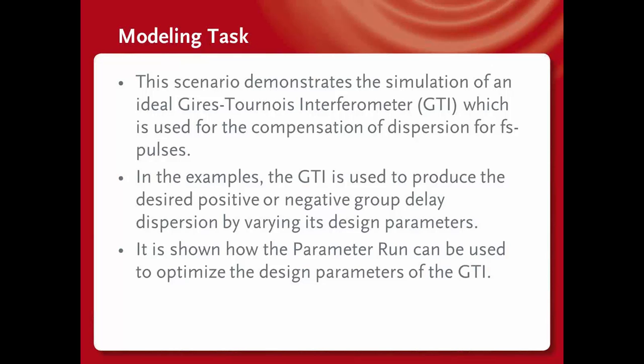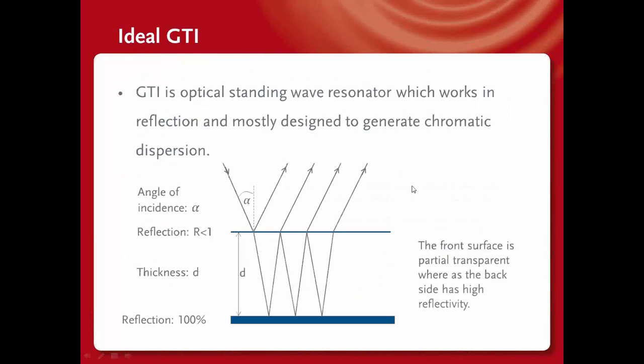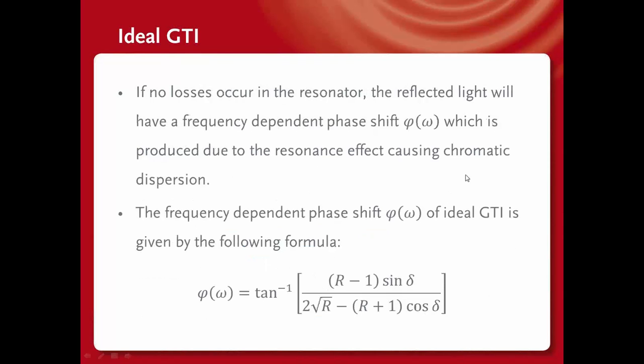The basic principle of such a GTI is that it consists of a standing wave resonator, which has a partially transparent first interface and a second high reflection interface, and they are separated by a certain thickness, and you have a certain angle of incidence where the pulse is coming in. So these are the degrees of freedom you have.